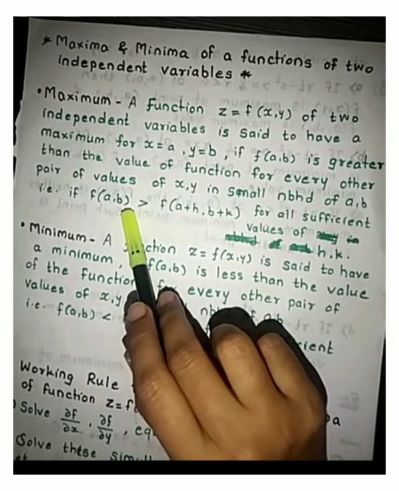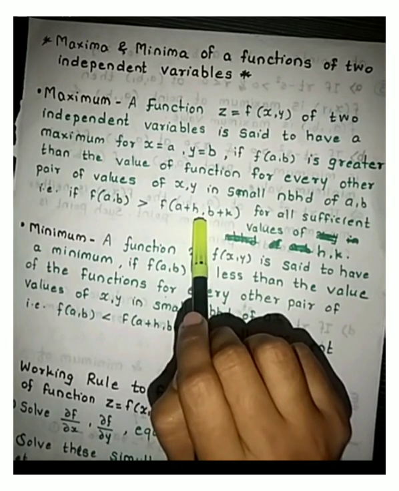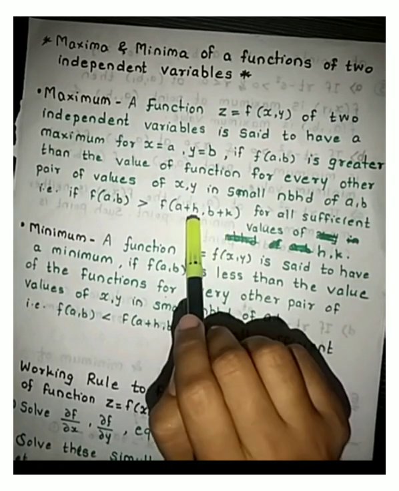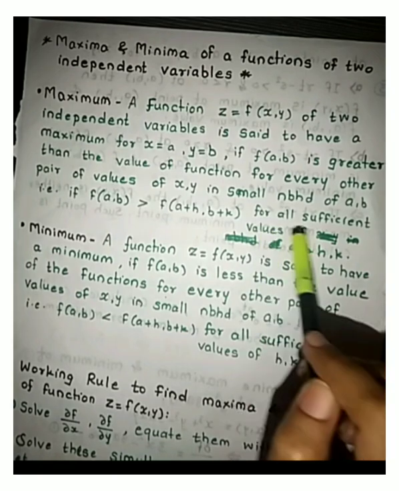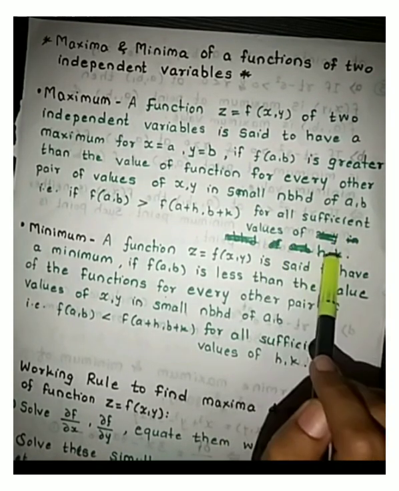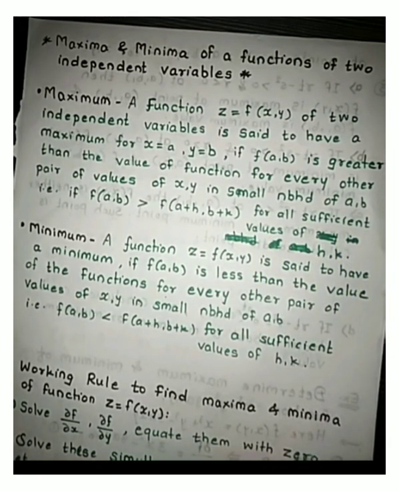That is, f of a, b is greater than f of a plus h, b plus k for all sufficiently small values of h and k. It means a function is said to be maximum at a point a, b if there exists a neighborhood.